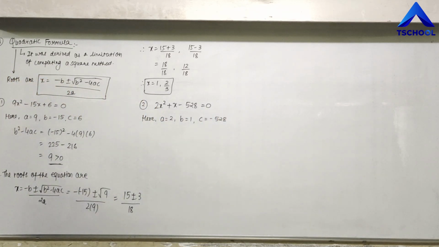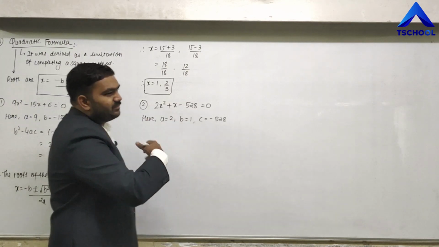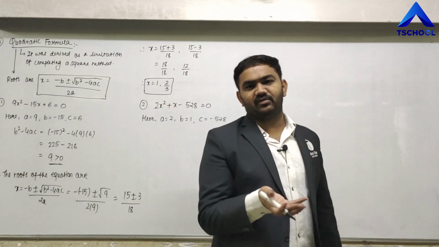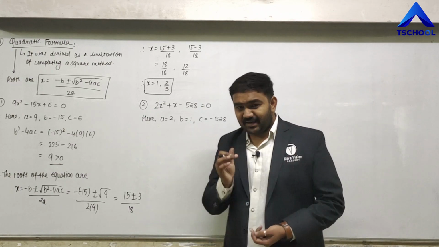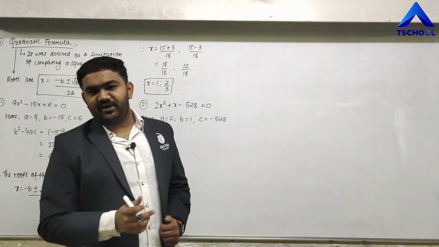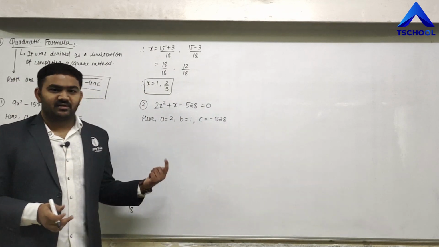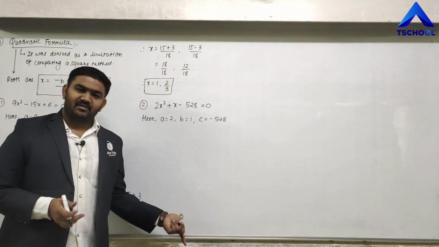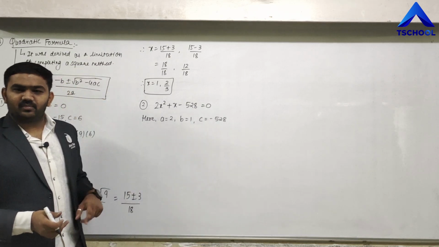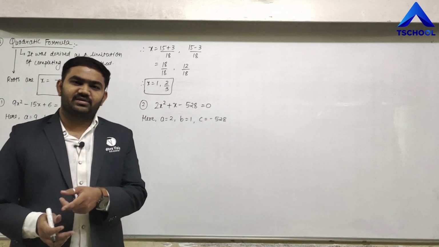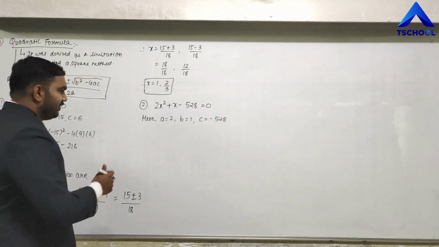Again I think this example we have solved in the previous methods, so I am taking examples that we have already solved so that you can see that the solutions we get in both methods are the same. I think you have already solved this example by the factorization method. We solved this example in the completing the square method, and again I am solving it by the quadratic formula, so you can see the solutions do not differ in any method.